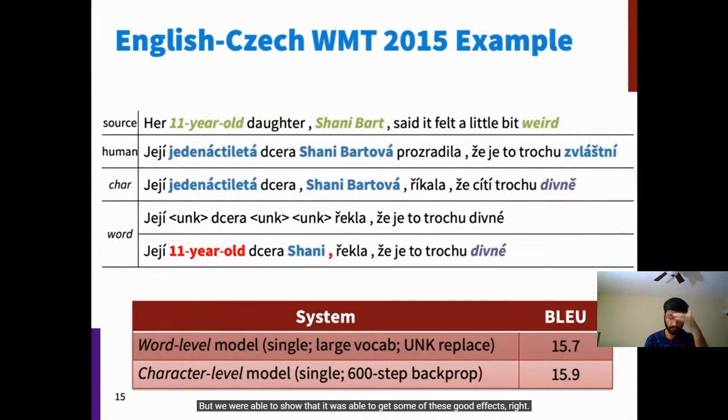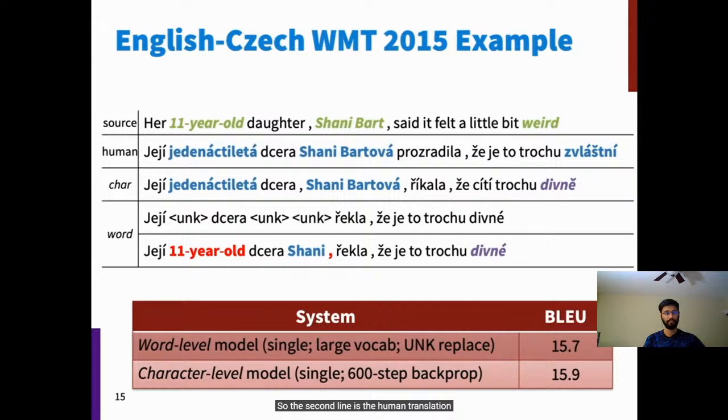But we were able to show that it was able to get some of these good effects, right? So here's an English sentence translating to Czech. Her 11-year-old daughter, Shani Bart, said it felt a little bit weird. Does anyone speak Czech? Any Czech speakers? No Czech speakers? Okay, I don't speak Czech either, but we can see that this does interesting things.